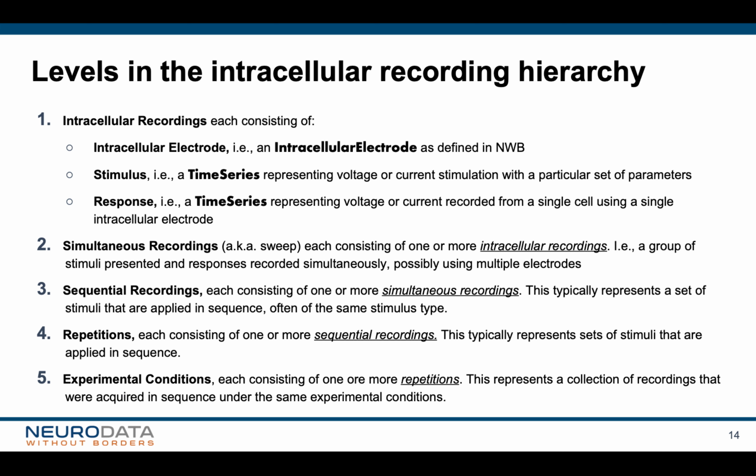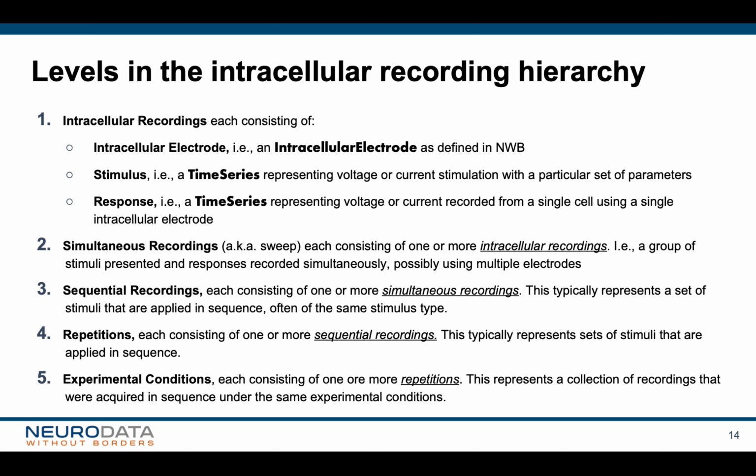To describe these different levels and their associated metadata in the NWB, we then define separate tables for each level with cross-references between these tables to explicitly model the relationships and the nesting between the elements at the different levels of this hierarchy.